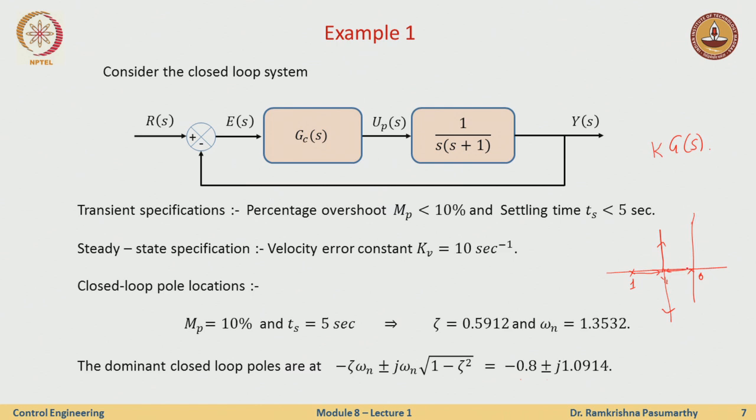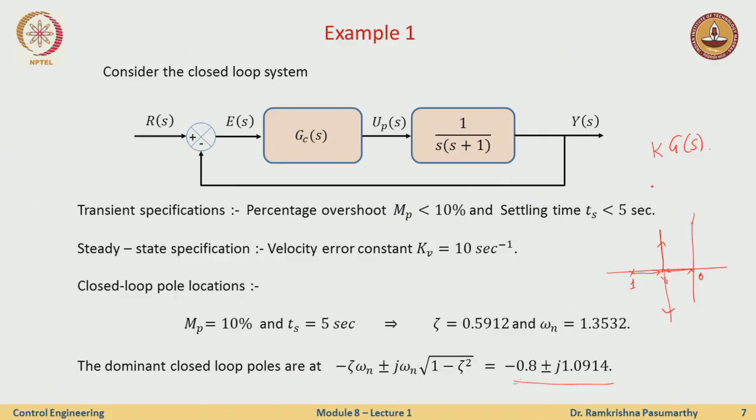How do I do this? I just move along the root locus and see if for any value of K, am I reaching this point, or are these points on the root locus for some value of K.